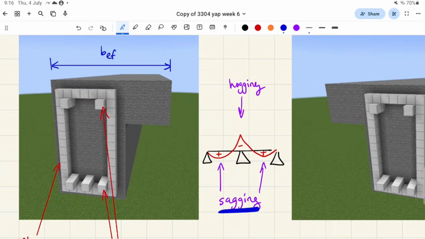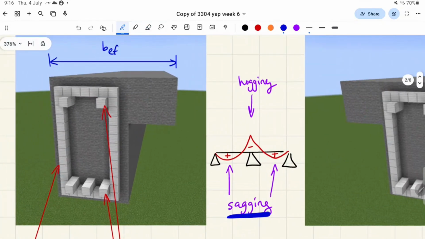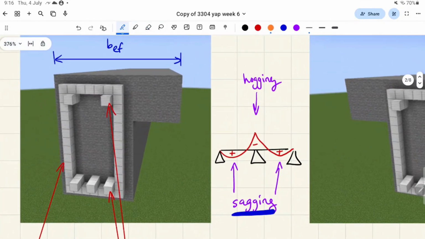I've only seen the T-beams, right? So you're never really going to be designing an L-beam, and I think part of the reason for that is because in terms of its X direction centroid, it's off-center, right? They don't want you to deal with those off-center effects, so you'll probably be more likely designing a T-beam, right? But I'll just show you it anyway.